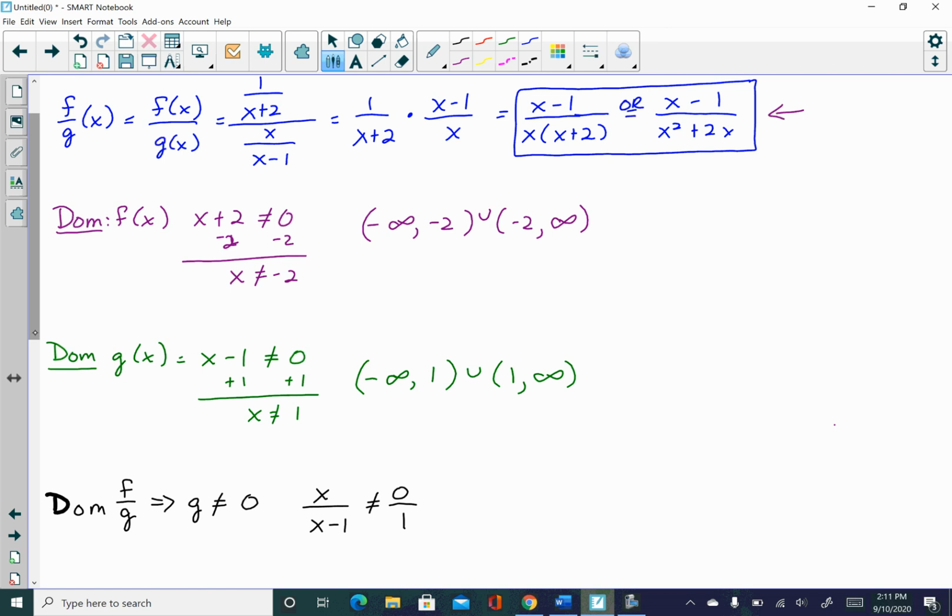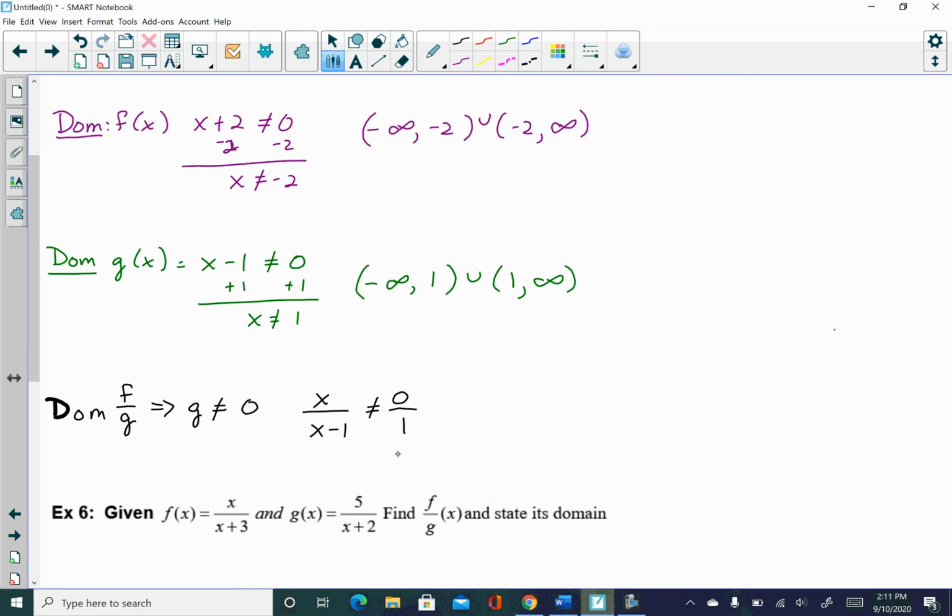Now, in order to solve something like this, all you do is cross multiply. So 1 times x is x, and x minus 1 times 0 is still 0. It's still saying x cannot equal 0. Usually there's a little more to solve, but at this point, we've already got it solved for x. So we're picking up a new domain restriction, going from -infinity to 0, union 0 to infinity.